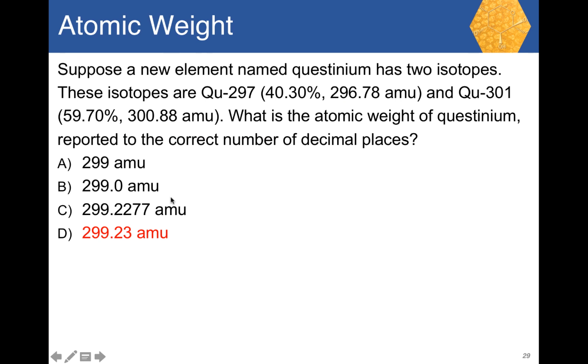The answer, or the best answer, is this one. Notice this here is essentially the same number, but because the least precise is 2 decimal places, you cannot use 4 decimal places as your answer. So you'd have to report it to 2 decimal places as shown here.